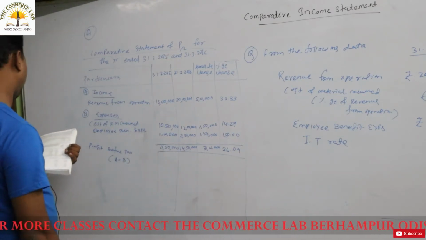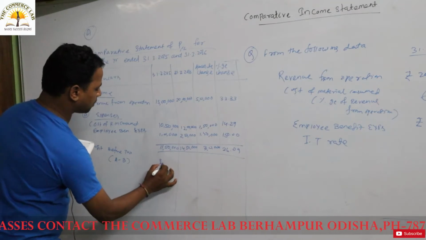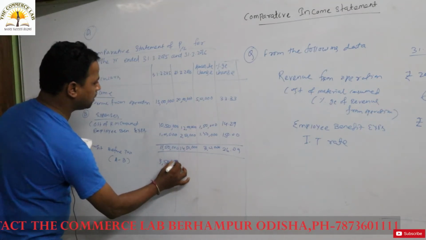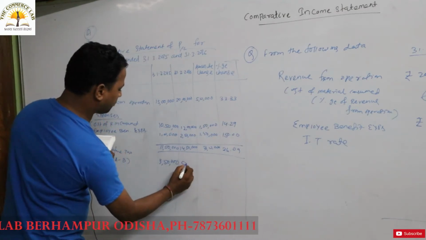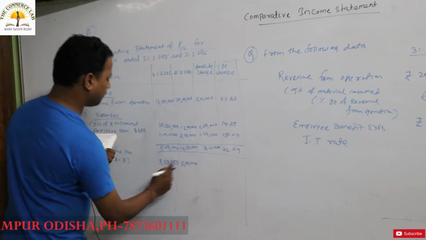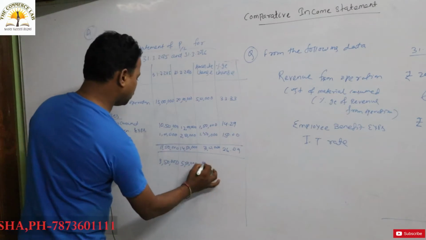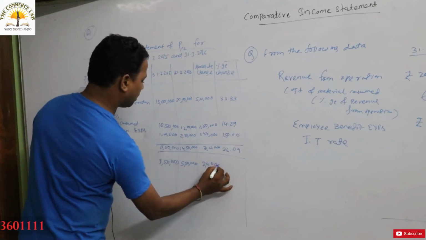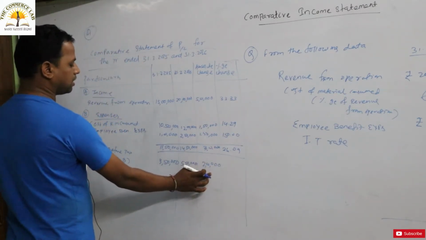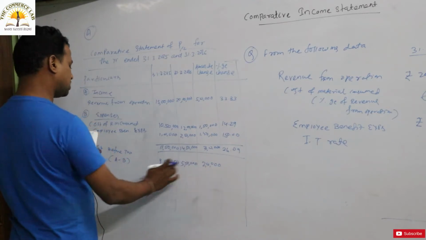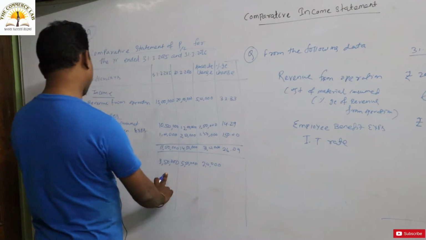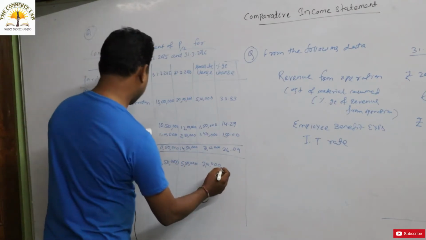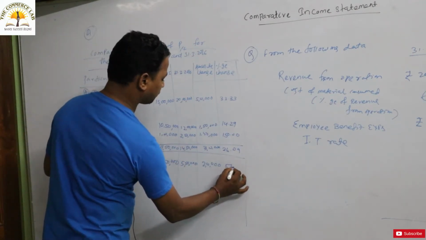So how much is the profit before tax? That is 3 lakh 50,000. Similarly, 20 lakh minus 14 lakh 50,000. So 5 lakh 50,000. So then what is the change? The change is around 2 lakh. How to calculate the percentage? This change, that is the absolute change divided by the original into 100. So 2 lakh by 3 lakh 50,000 into 100, that is 57.14.